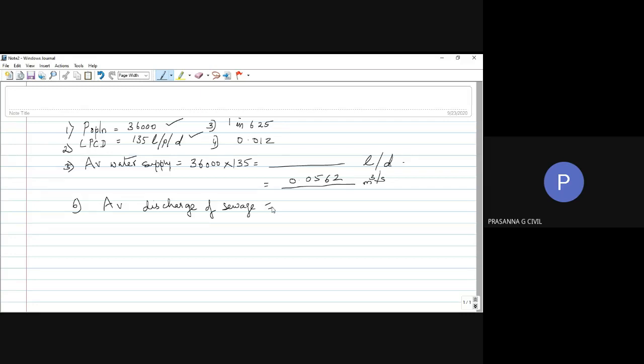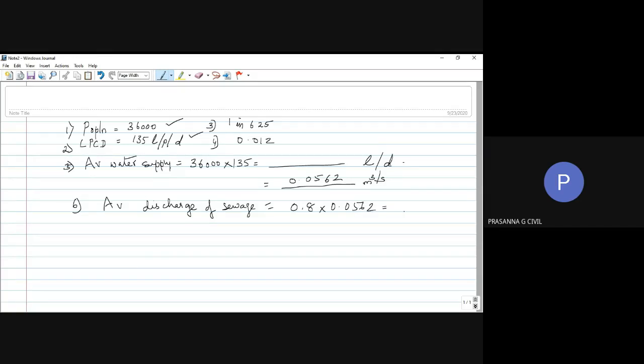How many number of times in the class I have repeated this? What percentage of water supplied? 80%. So 80% of water supplied reappears as wastewater unless nothing else is given to you. Clear? Yes. 80% means 0.8 times this.